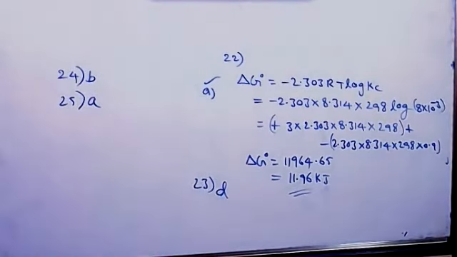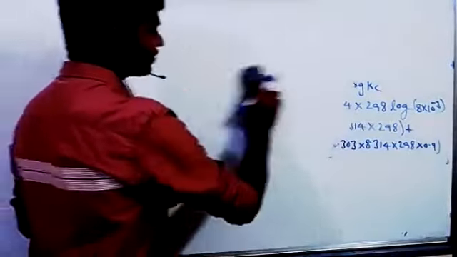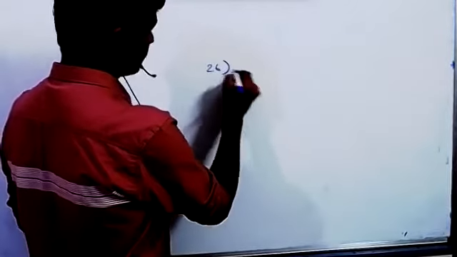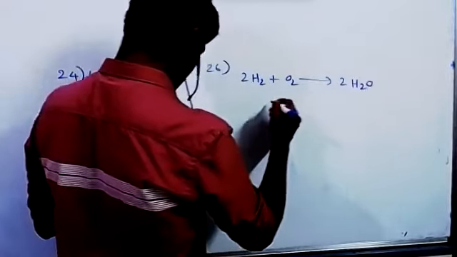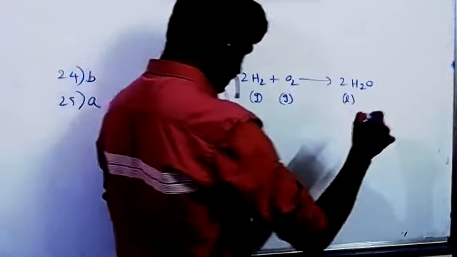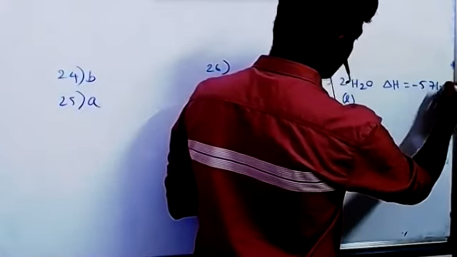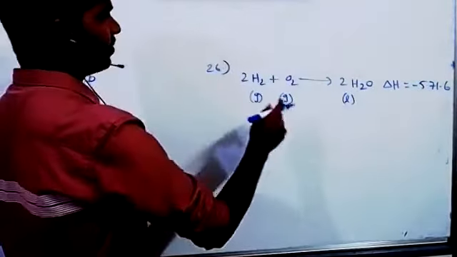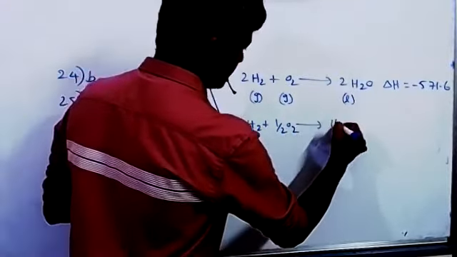We have to take it for only 1 water molecule: H2 plus half O2 gives 1 water molecule.